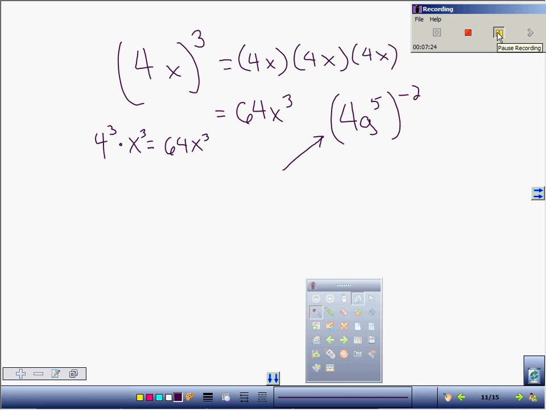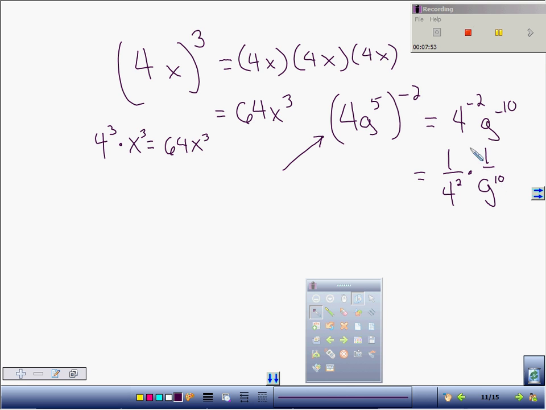That means 4 to the negative 2. You have to raise both things to the negative 2. G to the negative 10, right? But if I say with no negative exponents, Max, how do I bring this downstairs? 1 over 4 to the 2 times 1 over g to the 10.